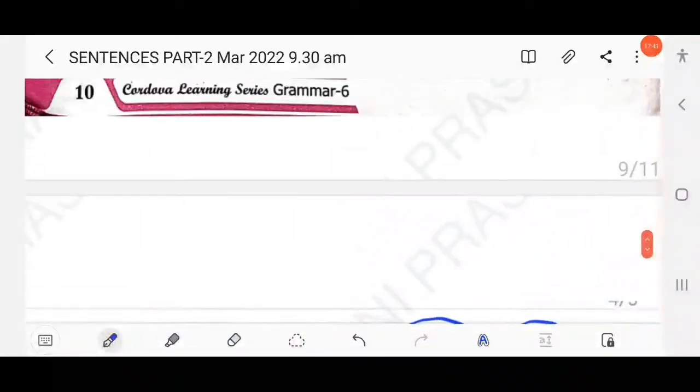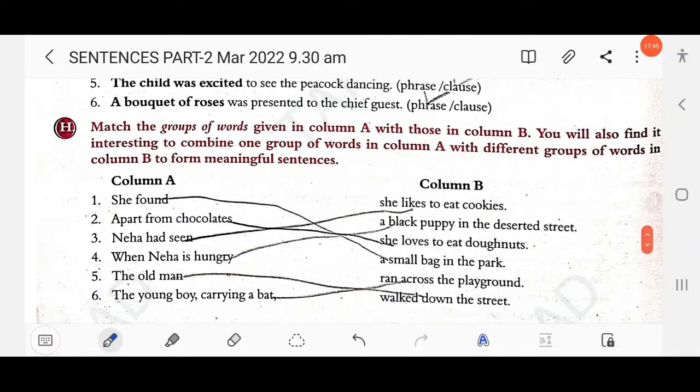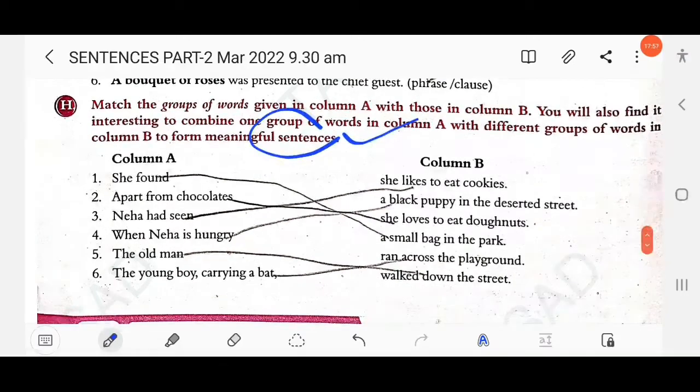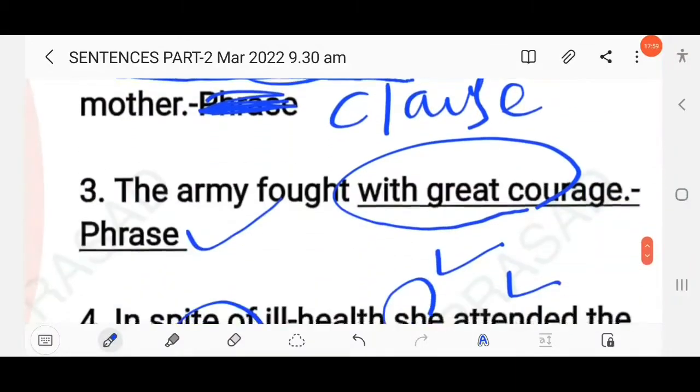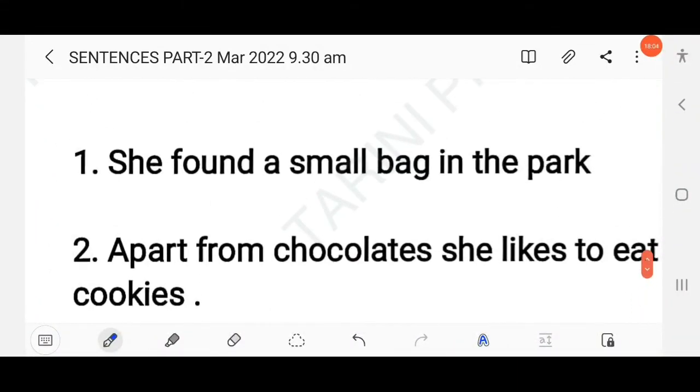Then next, match the groups of words given in column A with those in column B. You will also find it interesting to combine one group of words in column A with different groups of words in column B to form meaningful sentences, right? So now you have to join column A with B and form meaningful sentences. For example, she found a small bag in the park. You have to start the sentence with a capital letter and end with a full stop.